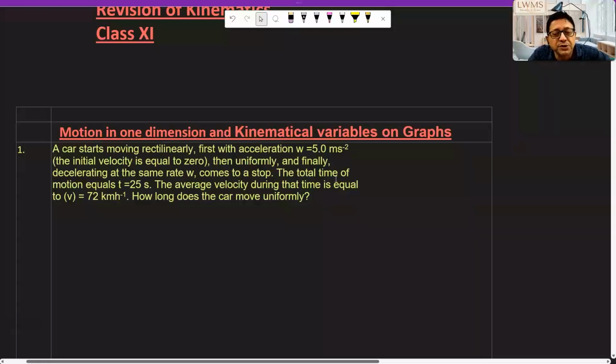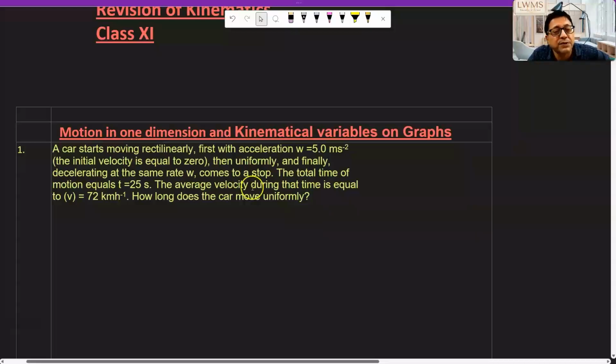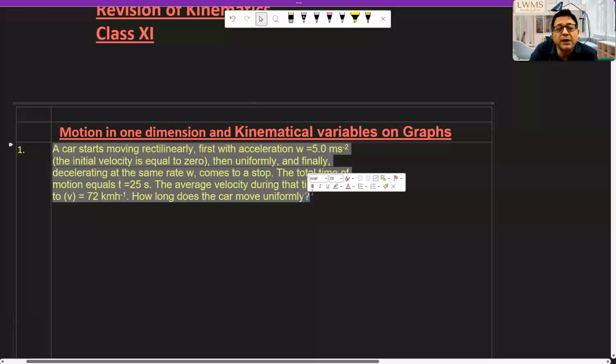Average velocity during that time, when it was moving uniformly, total time is 25 seconds. Average velocity for the entire journey is given as 72 km per hour. How long does the car move uniformly? This is the question there. Read the question, I will be solving it.